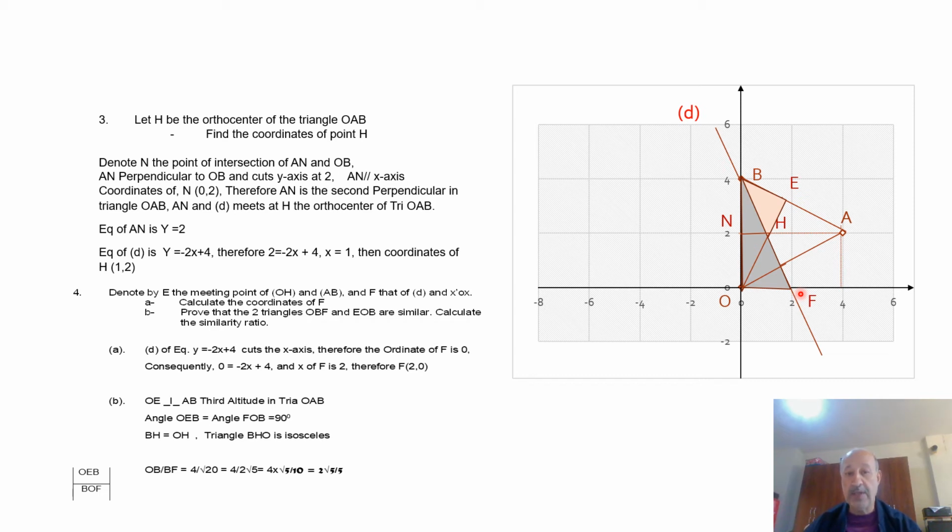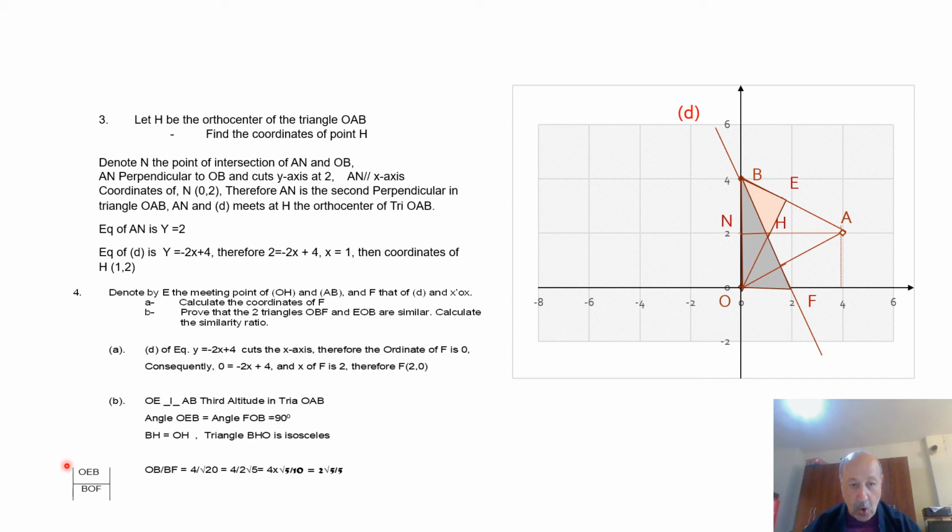How to find the ratio of these similar triangles? If we put first the triangle OEB, making sure that underneath here, angle B is equal to angle O. What I'm saying is that angle FBO, we just proved it. And angle O is equal to angle E, 90 degrees, and F is under B.